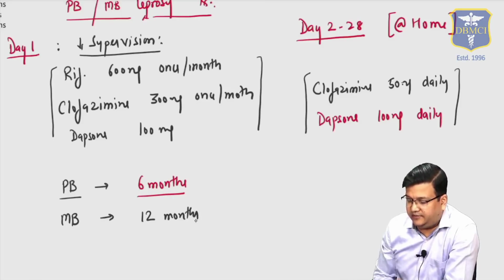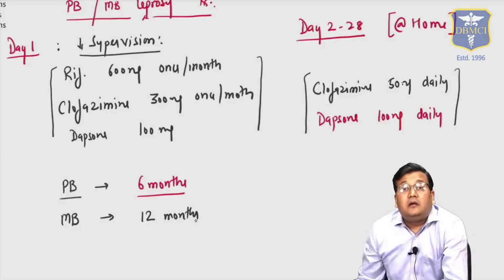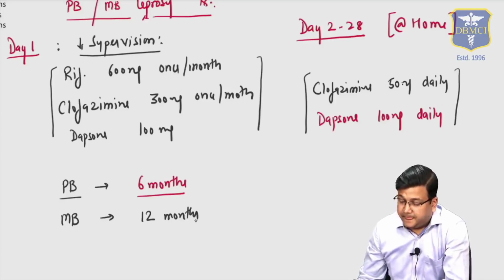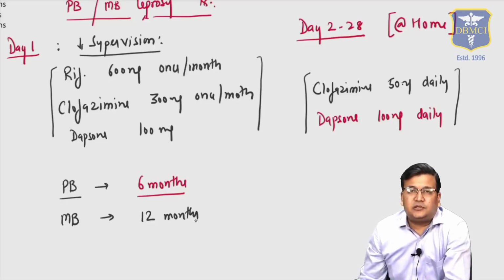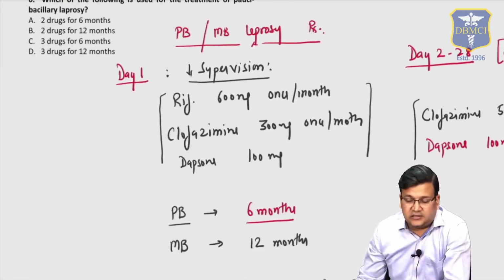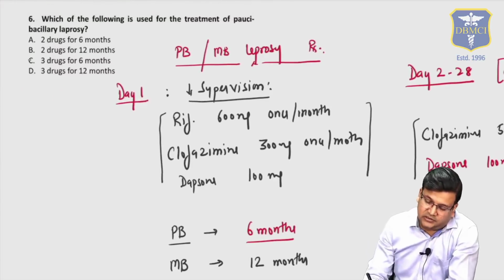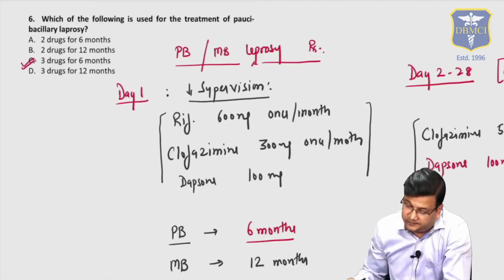That is the only difference as per the latest WHO and national treatment guidelines. So now there is no separate treatment of Pauci bacillary, only the duration differs, 6 months or 12 months in leprosy treatment. So we are giving three drugs for 6 months. So option number C is the correct answer to this question.